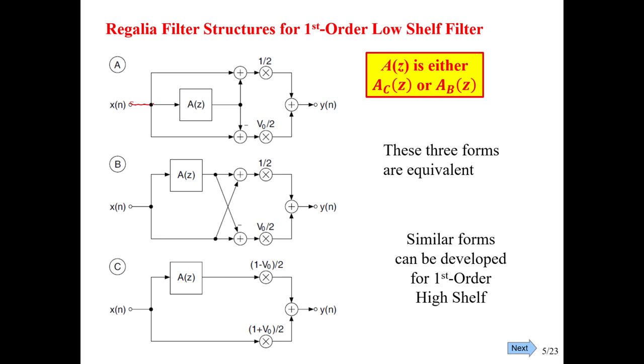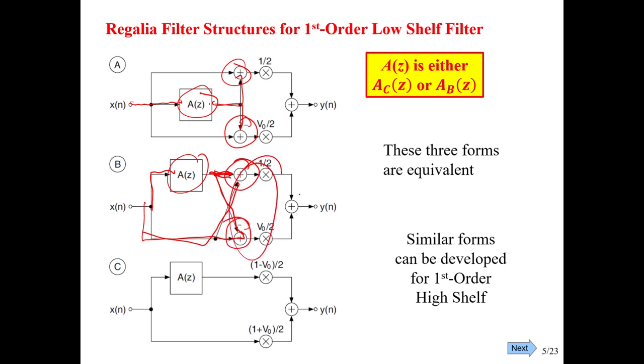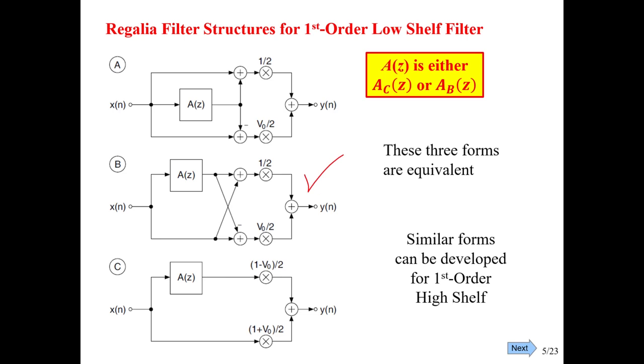Now the signal goes through A of Z and it goes to two places, and then those sums have the input. So the input comes here and it's added in one place and subtracted in another, and then multiplied and added together. So this thing looks like it's pretty clearly the same thing.